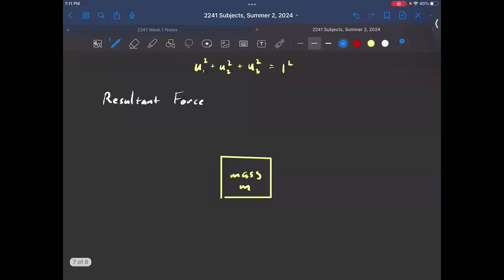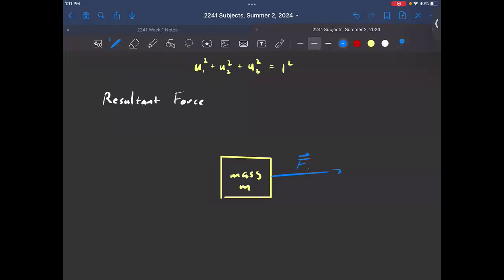So let's say I push the box in that direction. This will be my force 1. Now, note that I called that a vector because it has a magnitude, how hard I'm pushing it, and a direction.